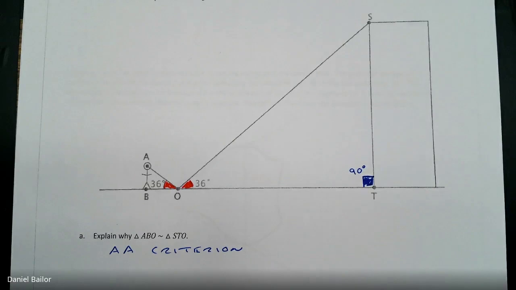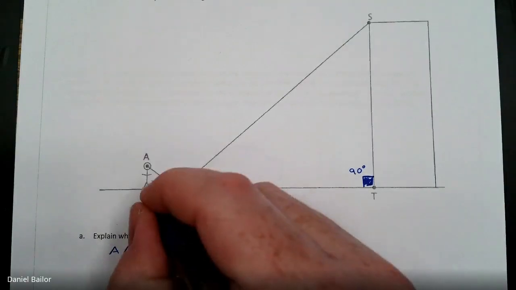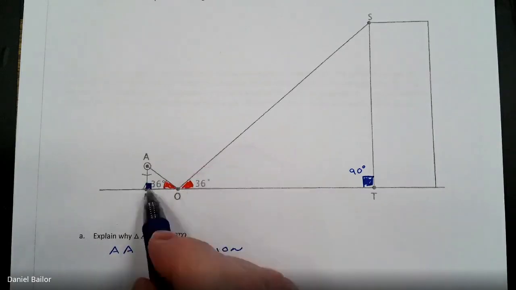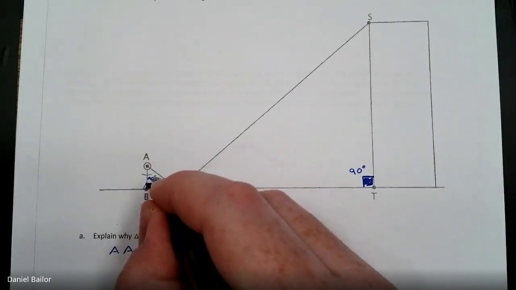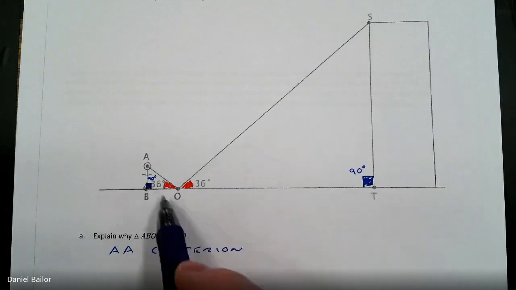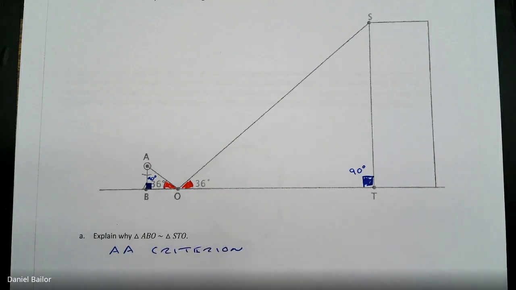And if you stand straight up right here, you make another 90-degree angle. So we actually have two angles that are equal. We have a 90-degree angle and we have a 36-degree angle.